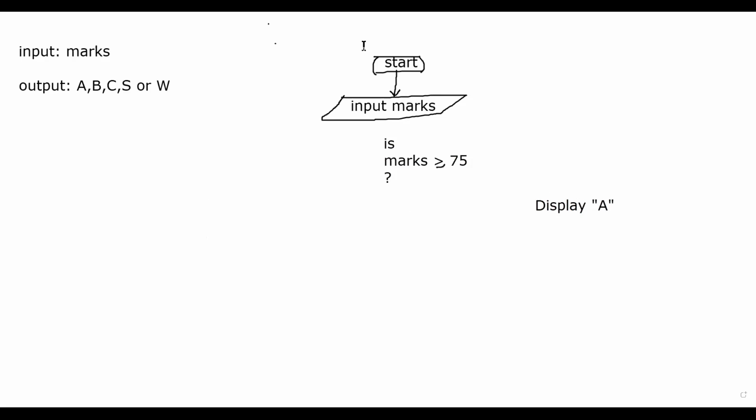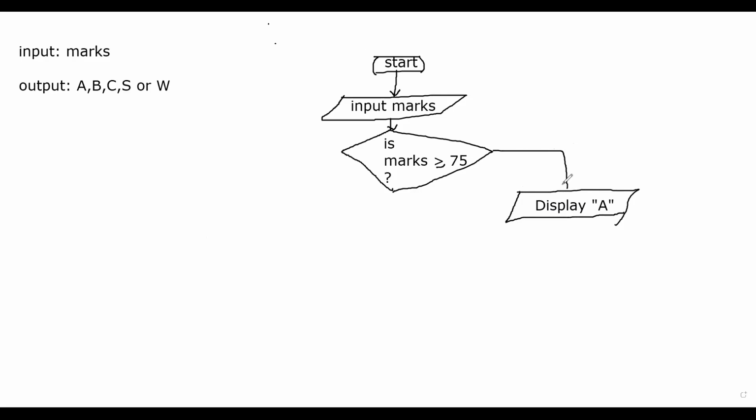So let me draw that one as well. This is a decision block, and we are checking whether the marks are greater than or equal to 75. If yes, then you are going to display A. So this is yes.